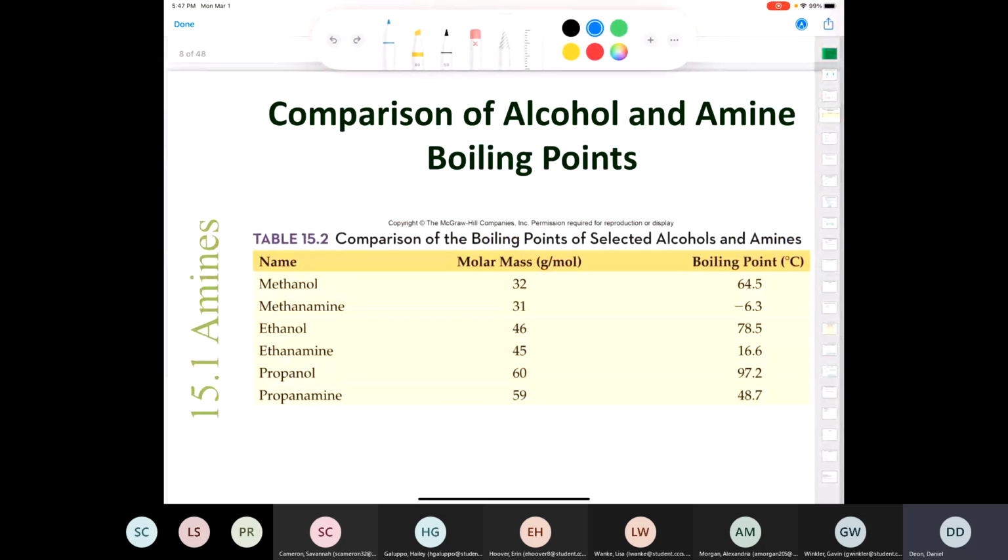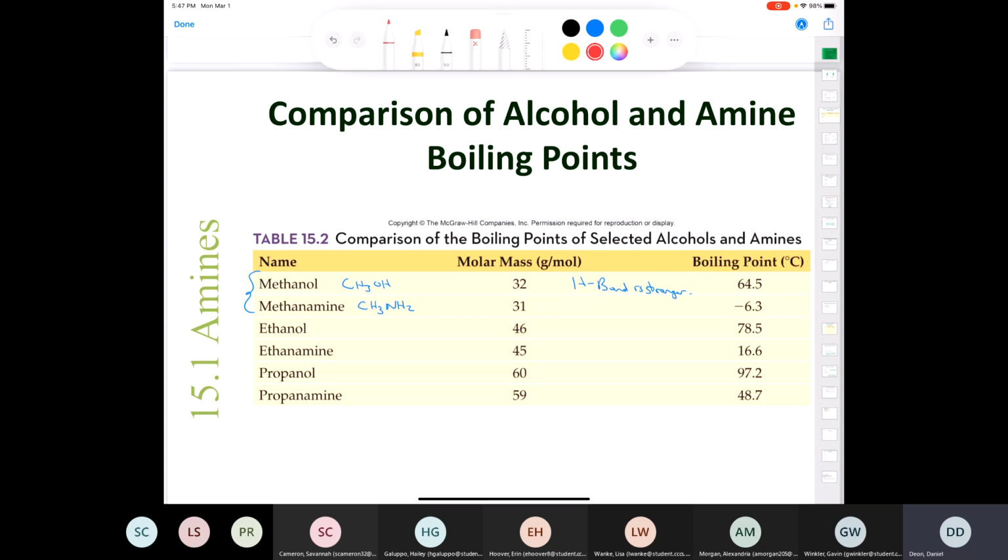If you compare the relative boiling points of alcohols and amines, methanol is CH3OH, and methanamine is CH3NH2. They both have a very similar molar mass. However, they have a huge difference in boiling points. Why? Because the H bond is stronger in an alcohol than an amine.